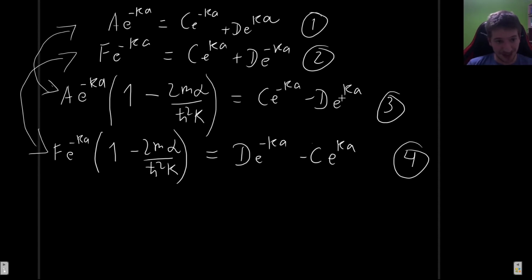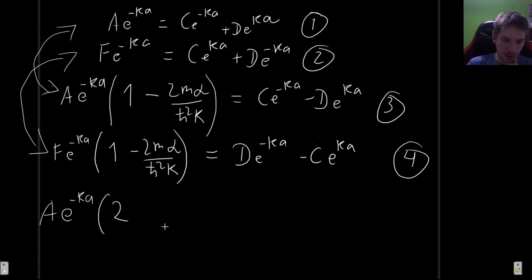So let's go ahead and do that. If we add these, and that's why I also like to write these A's in the same part, because it's easier to see when something cancels out. We have a e to the minus ka times 1, and here a e to the minus ka times 1. So what we will have on the left hand side is a e to the minus ka times 2, right?